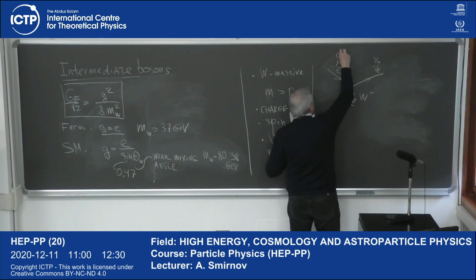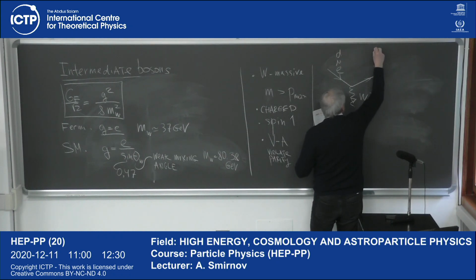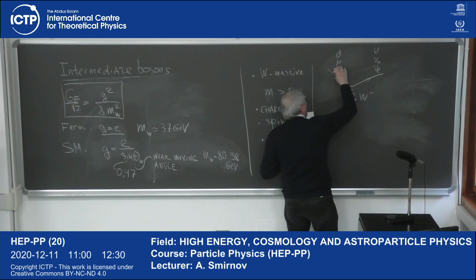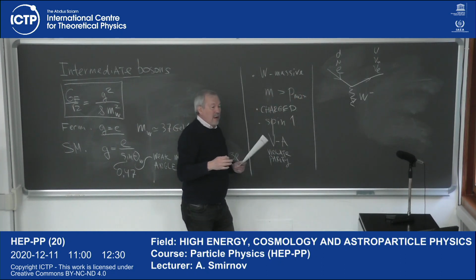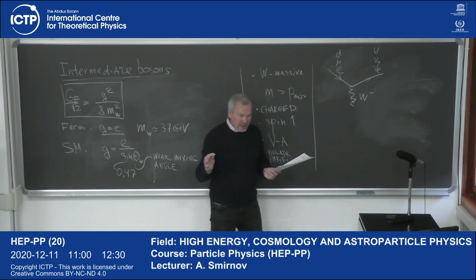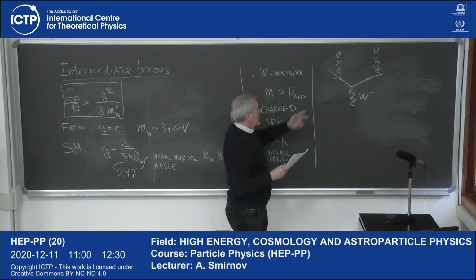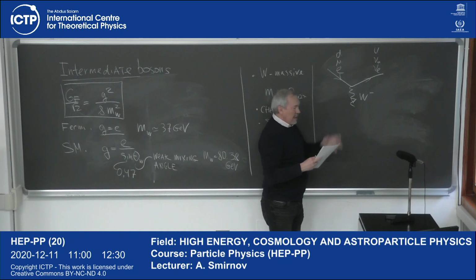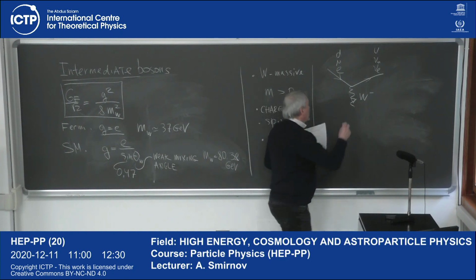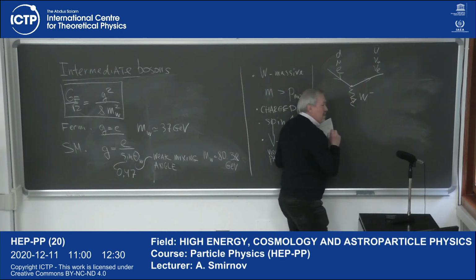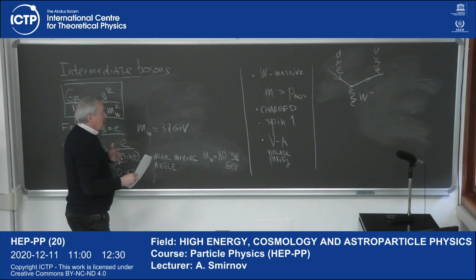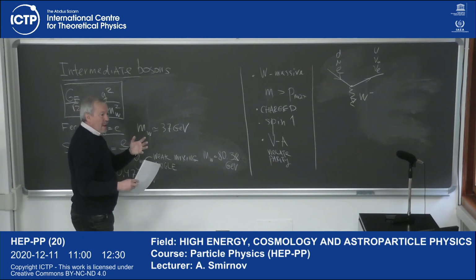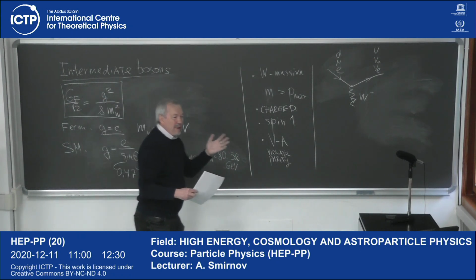So it can be D and U. And all the currents which we have discussed, or in other words, all the doublets of fermions we discussed, have this coupling. And this coupling is universal. So it is the same for all currents. I have deleted the Lagrangian here, but you saw that it is proportional to the same coupling constant.